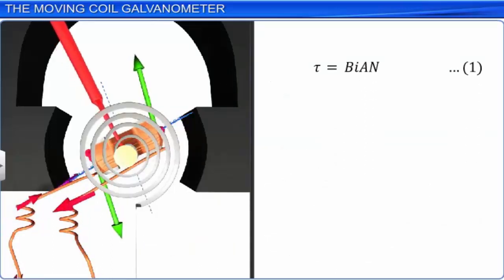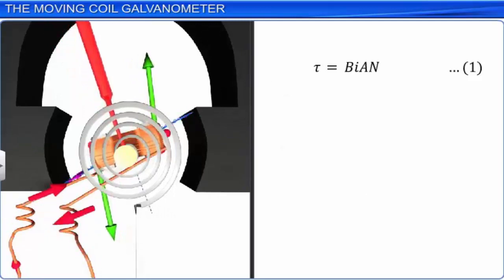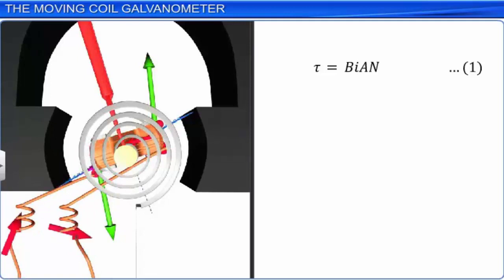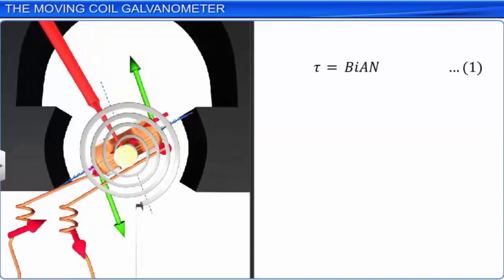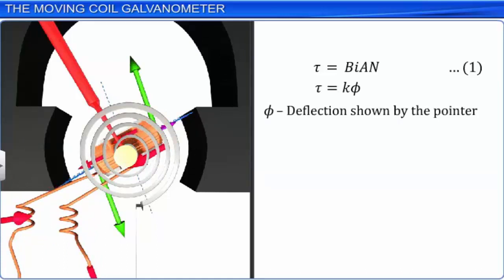This deflecting torque in the coil develops an equal restoring torque in the spring, in the direction opposite to that of the deflecting torque. Hence, these two torques are balanced. The restoring torque produced in the spring is τ equal to kφ, where φ is the deflection shown by the pointer and k is the torsional spring constant, the torque per unit angle.